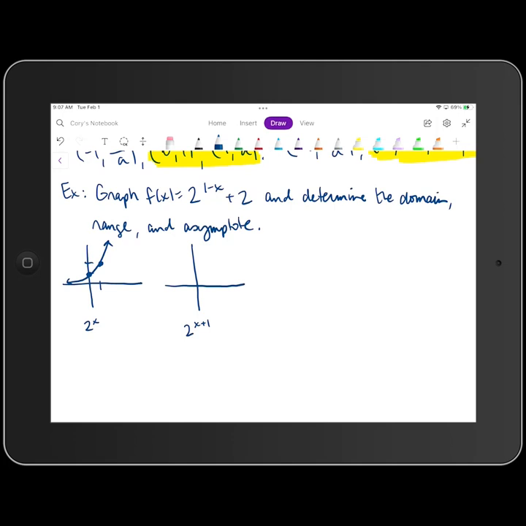So if we add 1 inside the function, that's going to correspond to shifting the graph 1 unit to the left. So we're just going to take our 2 points at 0, 1 and 1, 2 and shift those 1 unit to the left. So that's now at negative 1, 1 and 0, 2. Okay, so graphically, our curve looks like so.